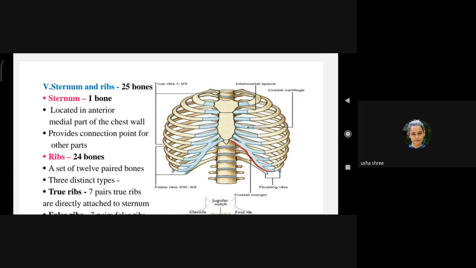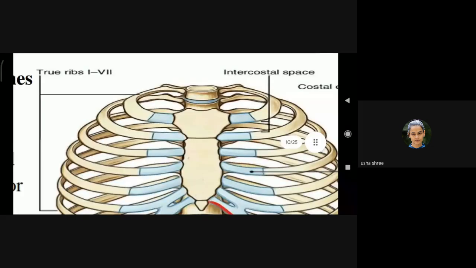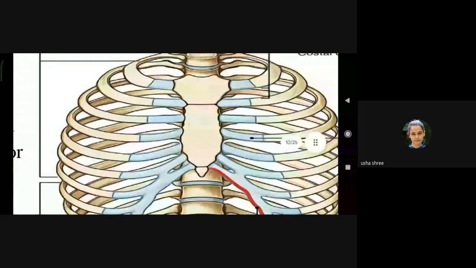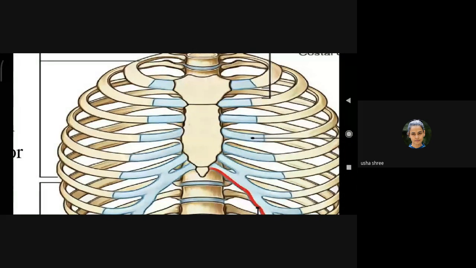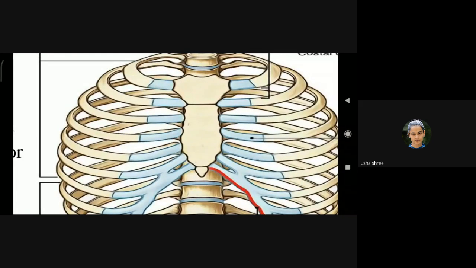The sternum is one bone and it has three parts. You can see here, this is the sternum, and it has three parts. These are not three bones; they are also fused. So we count the sternum as one bone only.